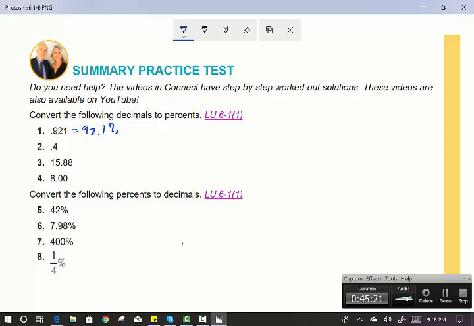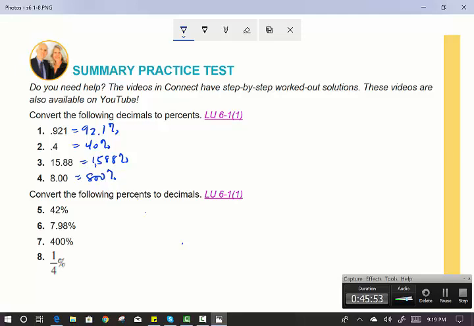Okay, number 2, move the decimal point 2 places to the right, which equals 40%. And number 3, move the decimal point 2 places to the right, which is 1,588%. And then number 4, move the decimal point 2 places to the right, which is 800%. Okay, so to go from decimal to percent, D to P, move the decimal point 2 places to the right and then add the percent sign.